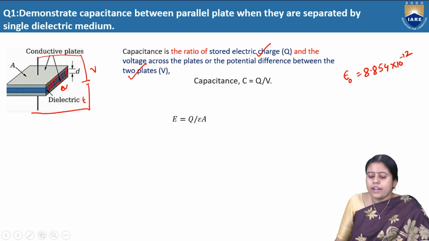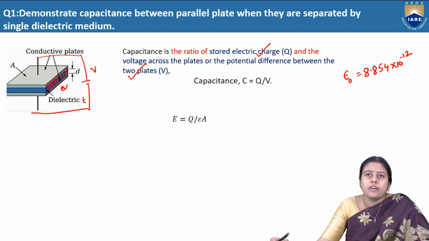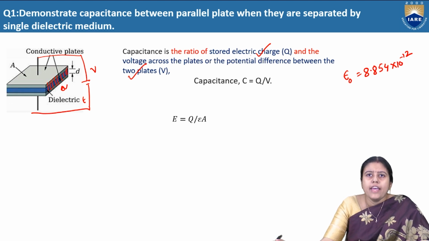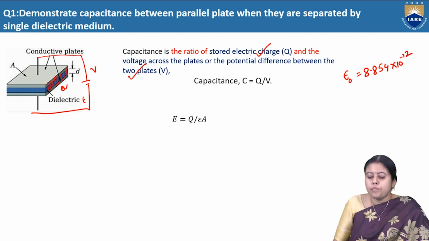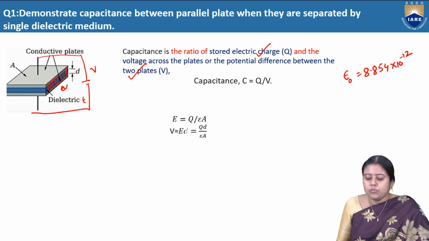So we know from our previous equation E is equal to Q by epsilon into A.